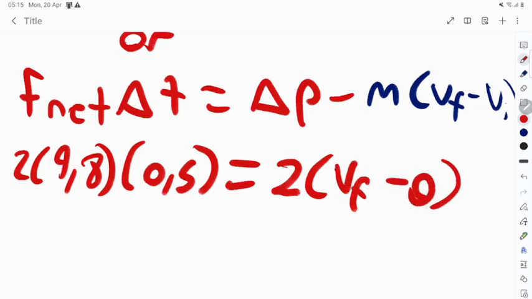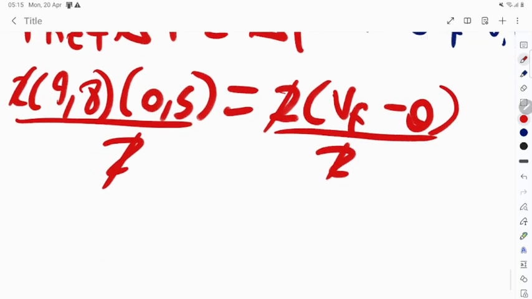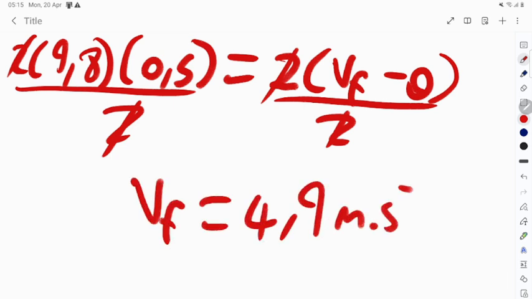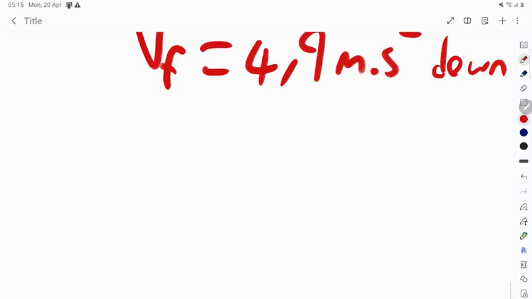It is 0, because originally the block was at rest. So 2 multiplied by 9,8 multiplied by 0,5 equals 2 v final. If I divide by 2, this 2 will cancel this 2. I will be left with 9,8 multiplied by 0,5, which means my v final will still be 4,9 meters per second downwards.